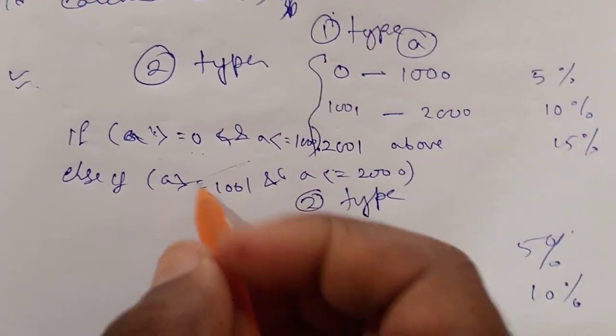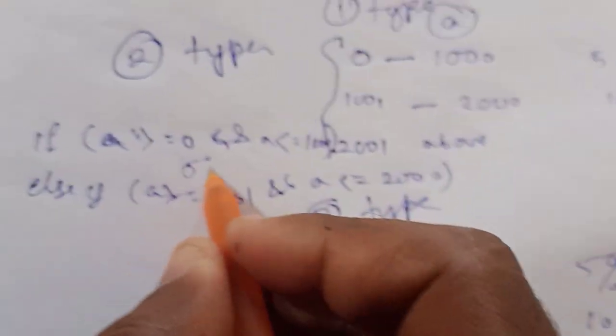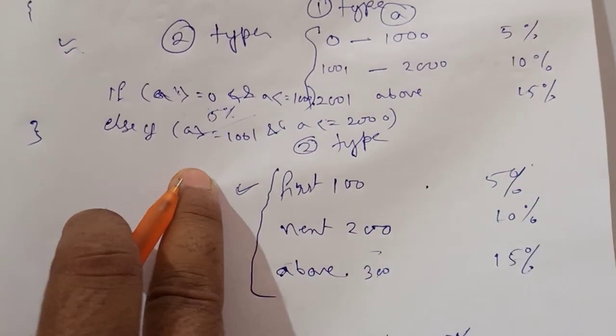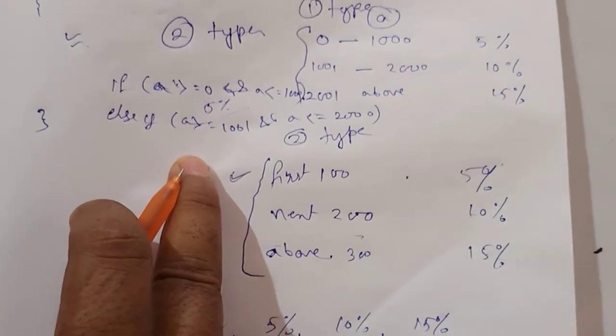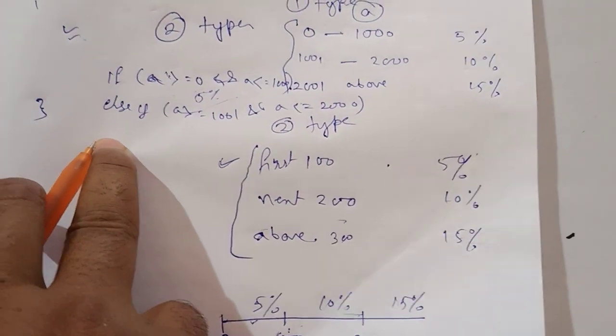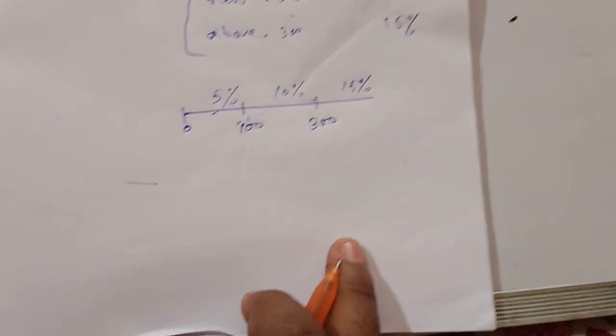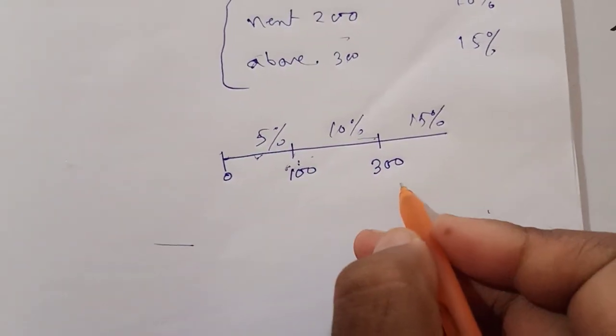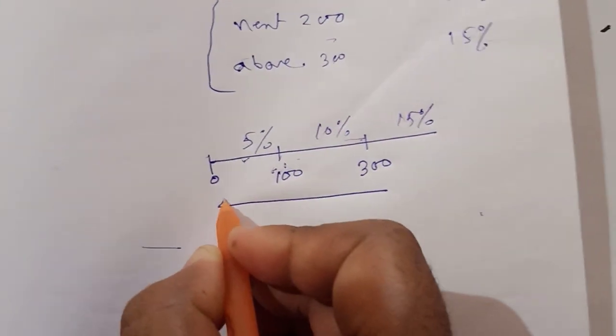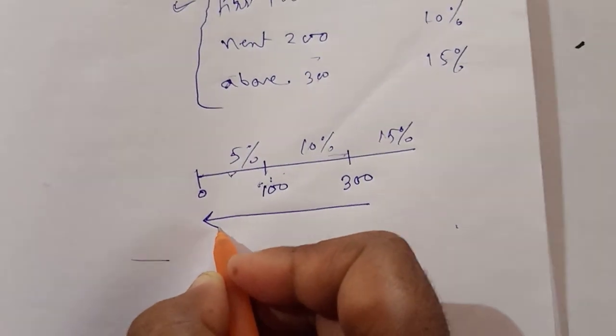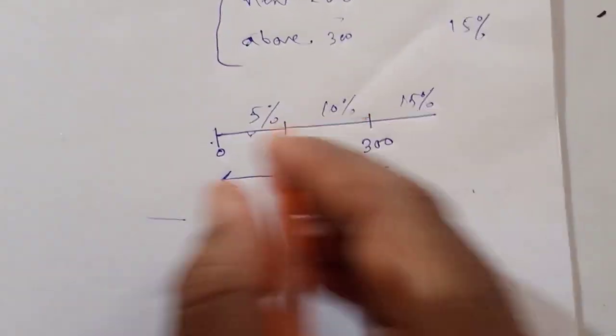Now for this case you can directly write 5% calculation, 10% calculation, or above else you can write 15%. But in this case I am telling you to use the back calculation, or you can write this one, there is no problem.